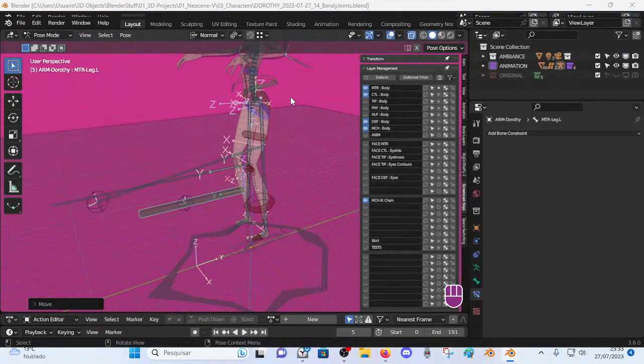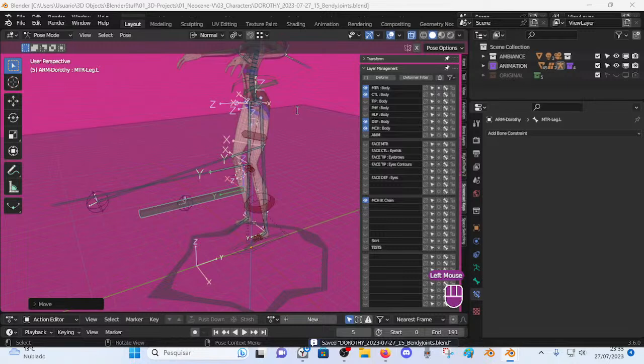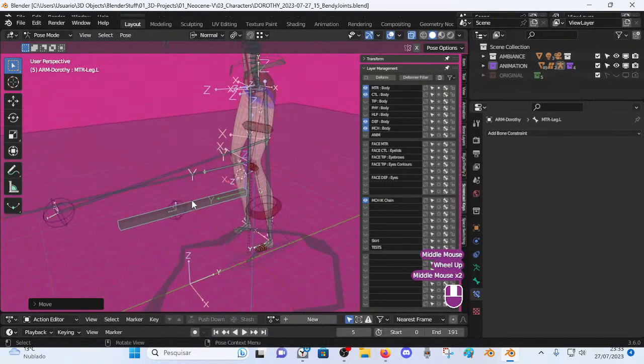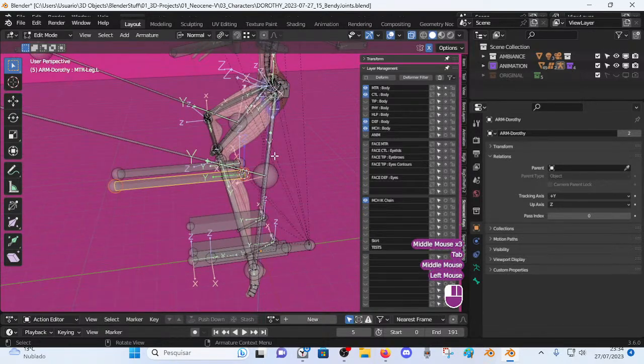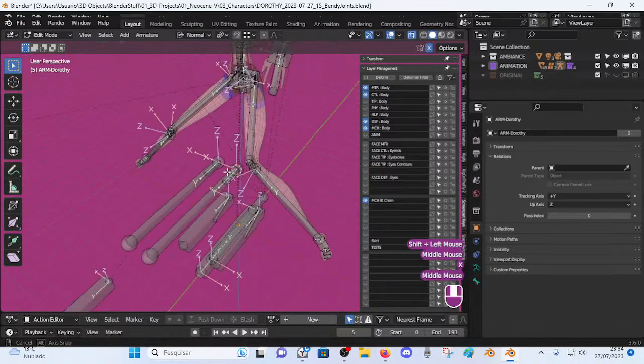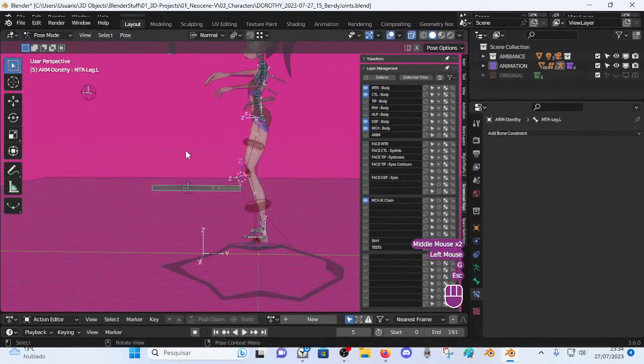So let's change this name. Actually, let's first save. This will be 15, and we are going to change this as backup, the name, but we are working on 15. And so in this case I will, yes, I'll delete all that. This was before when I was trying other things.